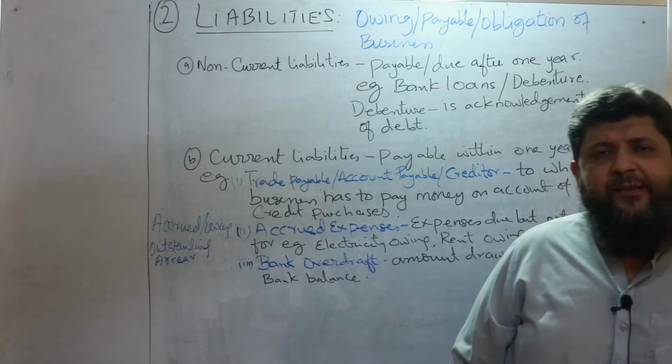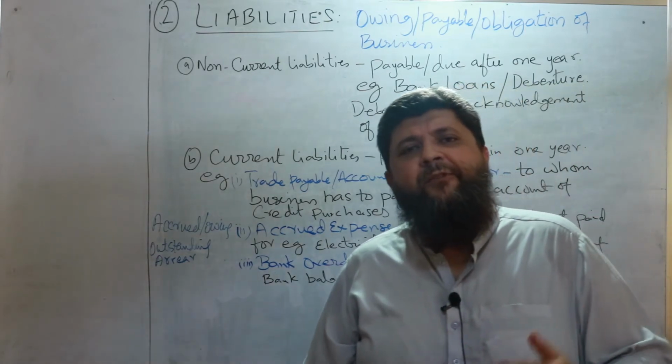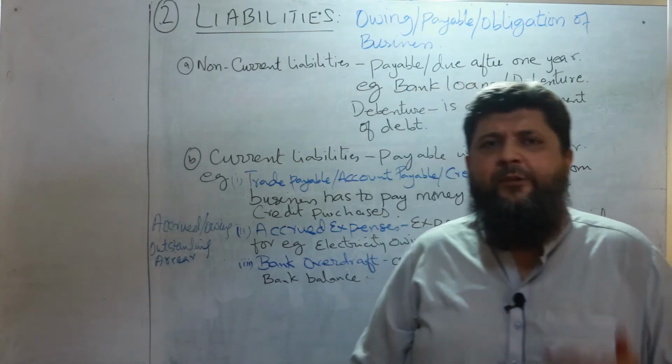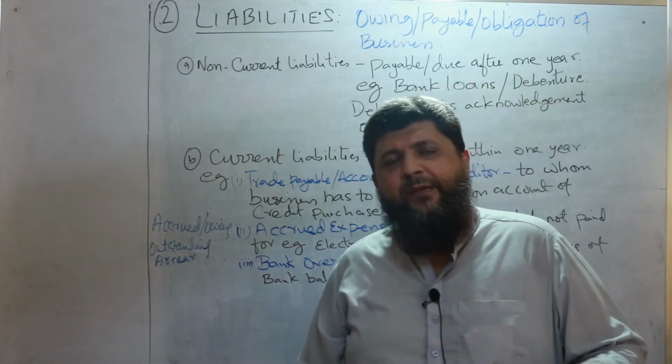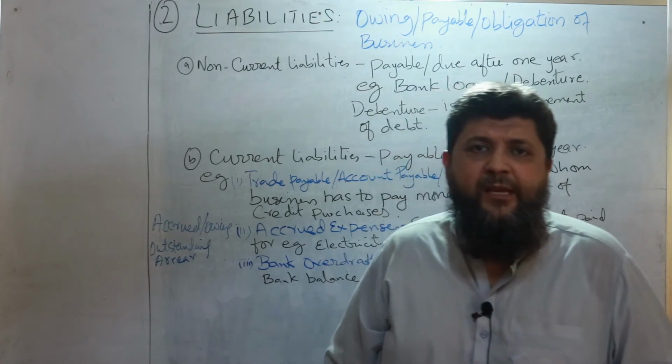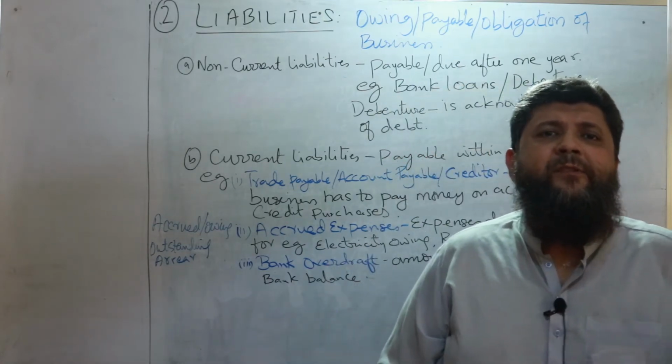If business, in some cases, fails to pay the expense when it becomes due, they are bound to pay in that particular year, because if they do not pay the expense, they won't be getting the facilities against the services.